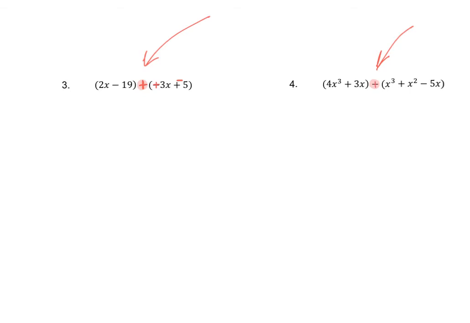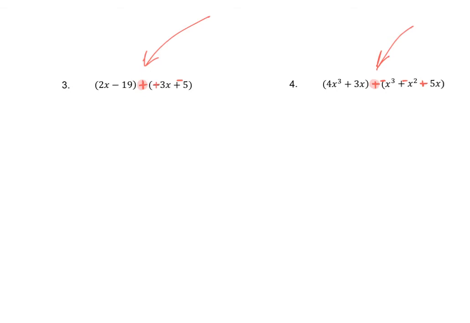I turn the negative to a positive, or the subtraction to an addition, and then this x to the third becomes a negative, x to the second becomes a negative, and negative 5x becomes a positive. You're going to have to trust me. This is one of those things that I ask you to trust me on.